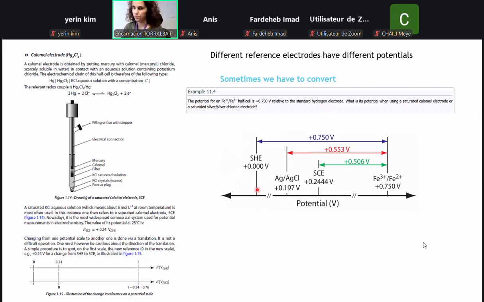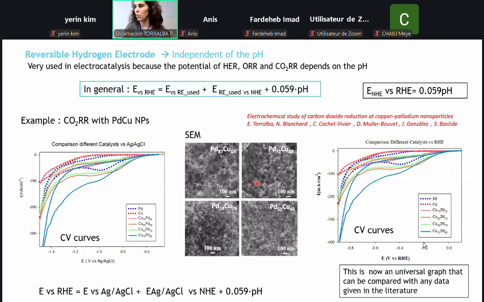The only thing with respect to the standard hydrogen electrode is that its potential varies with the pH. And so to have a reference that is even more universal, we use the reversible hydrogen electrode. There is an equation to convert the potential that you are measuring to this electrode.